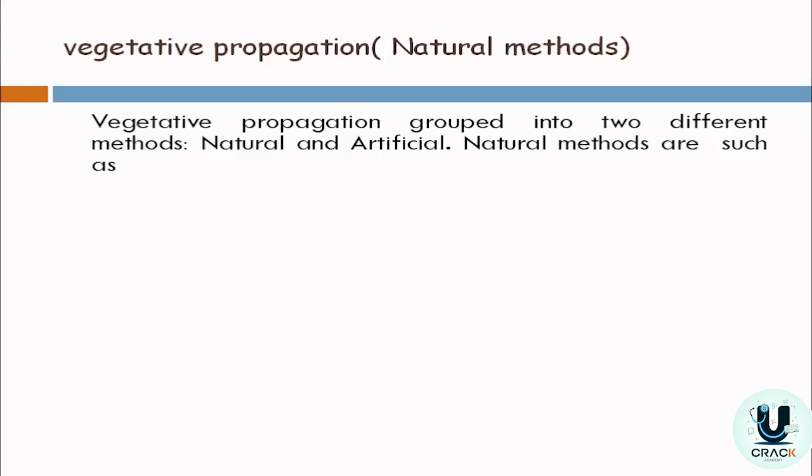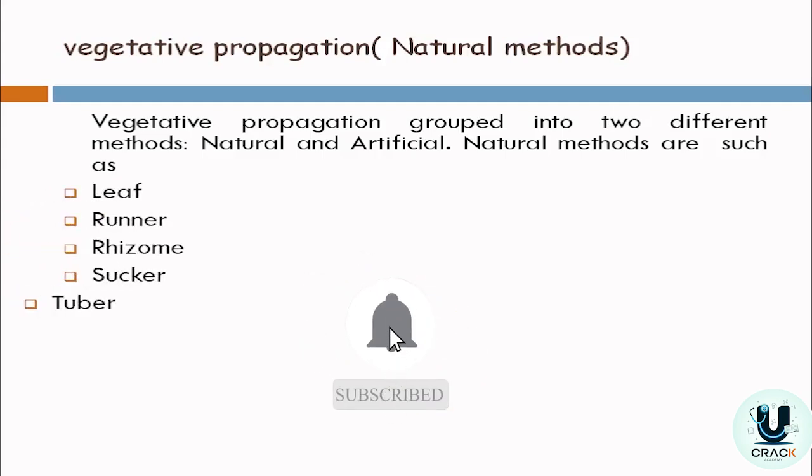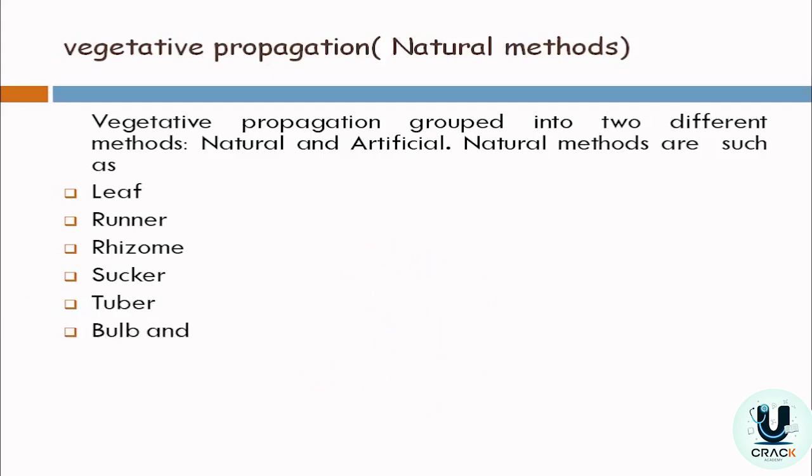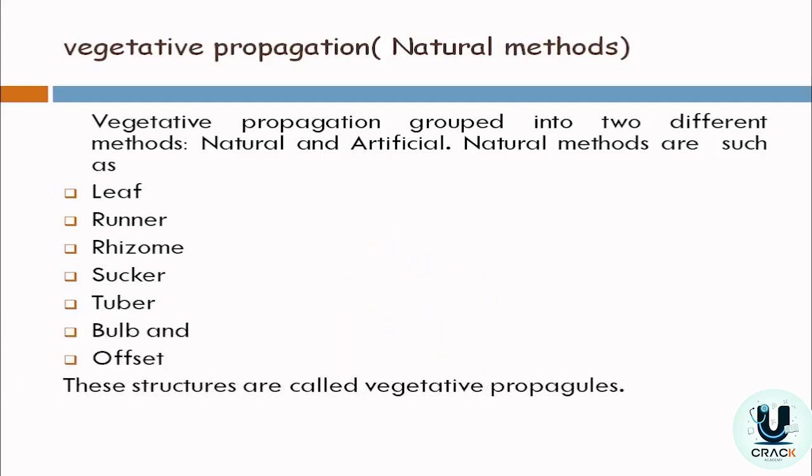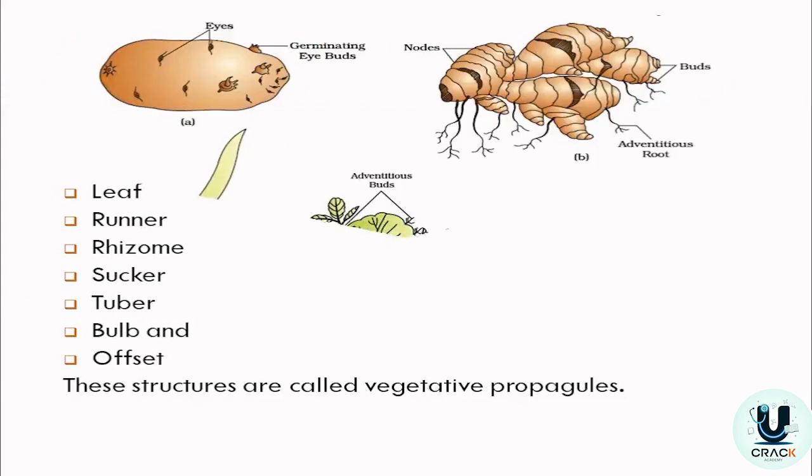Natural methods are such as leaf, runner, rhizome, sucker, tuber, bulb and offset. These structures are called vegetative propagules.